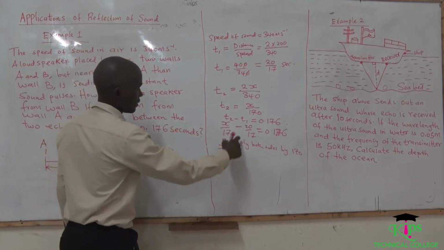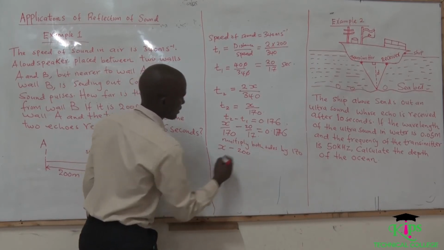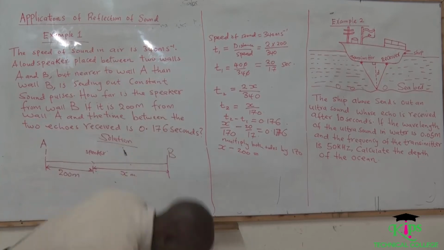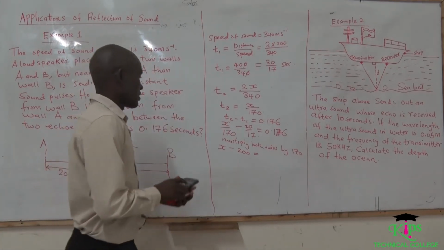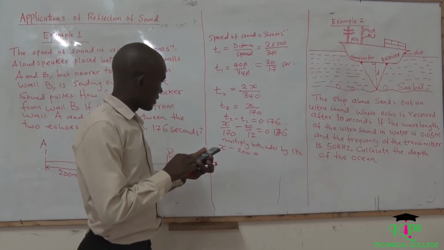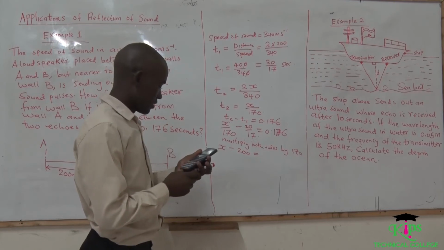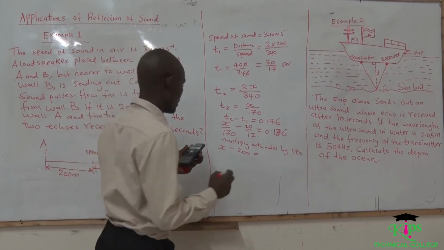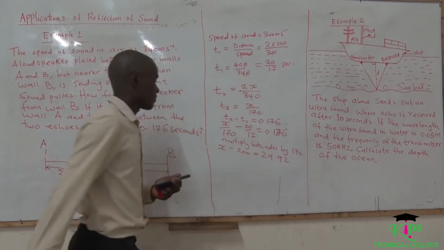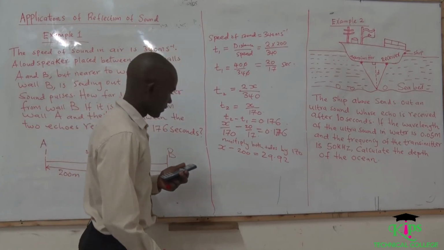You will get x minus, this becomes 200, and if you take 0.176 times 170, you will get 29.92. 29.92 is what you get there.